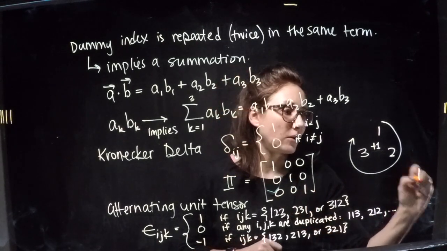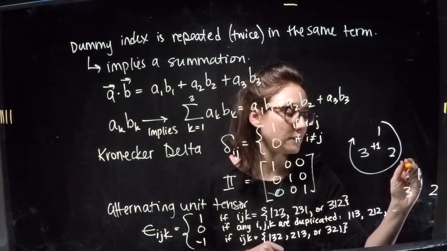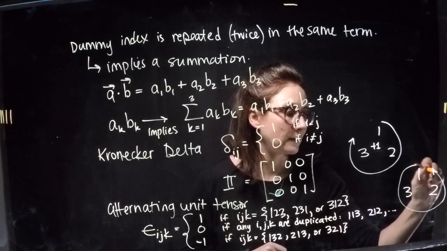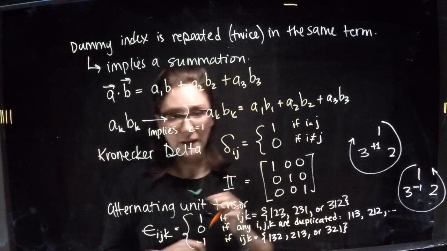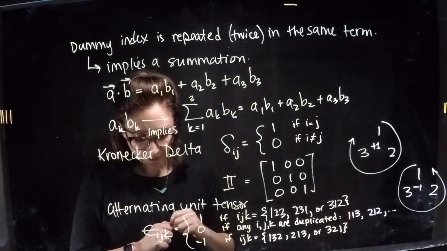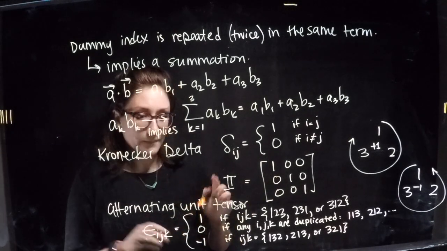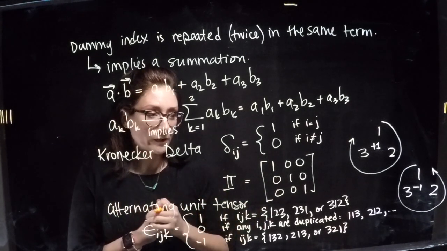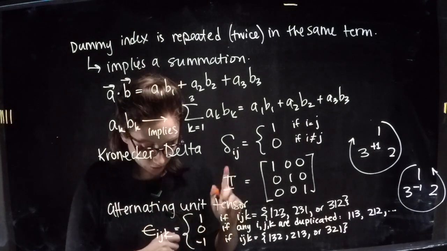And if they go counterclockwise, it's a -1. And then otherwise, it's 0. All right, and so this one is really important for defining the cross product, which I'll do in just a second.